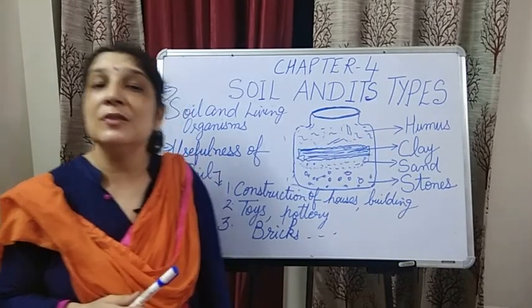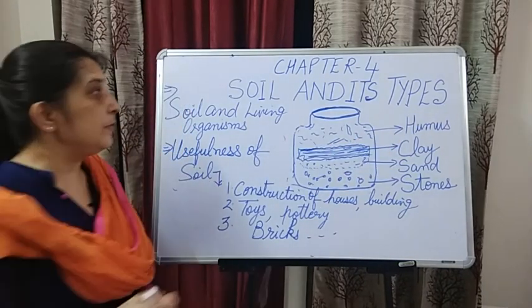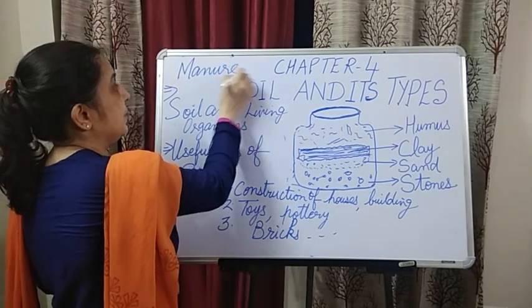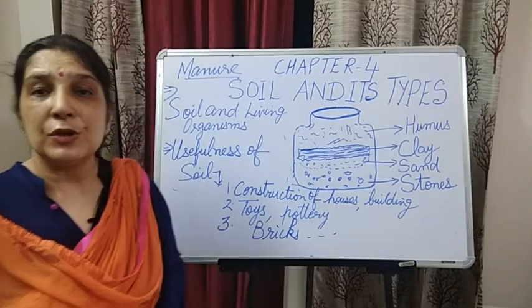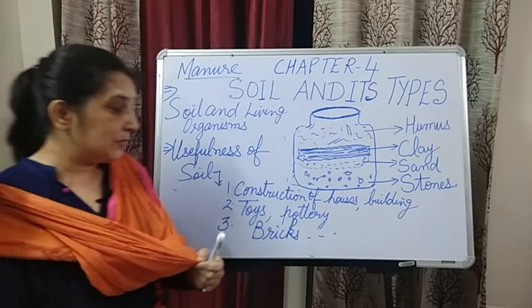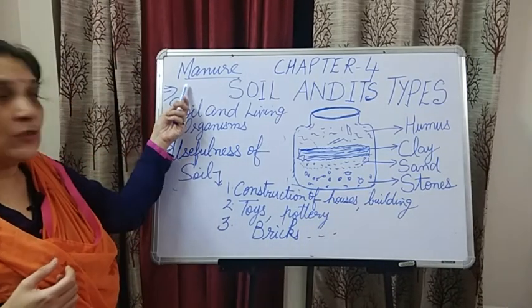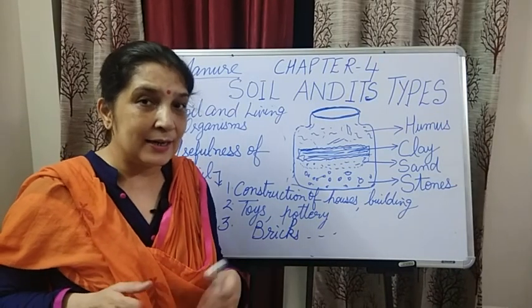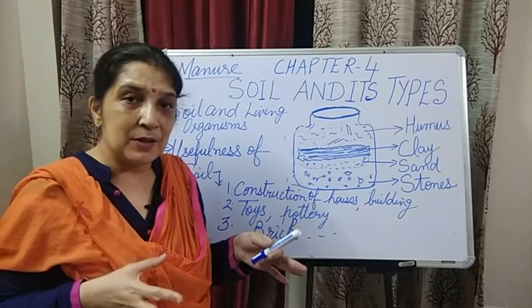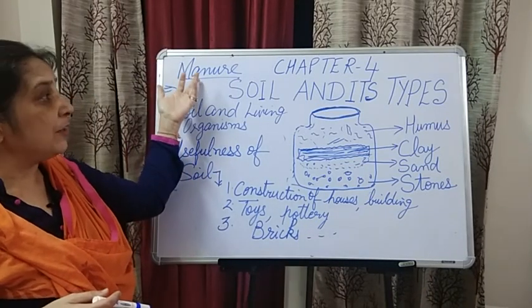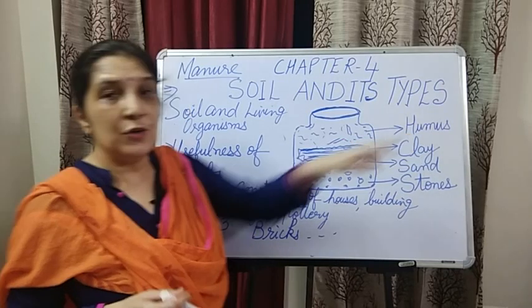And then we discussed manure. What is manure? It is a mixture of cattle dung and decaying leaves, so it also has humus. Cattle dung is the waste of cattle. When cattle dung and dead leaves mix in the soil for a long time, manure is formed, and manure also contains humus.